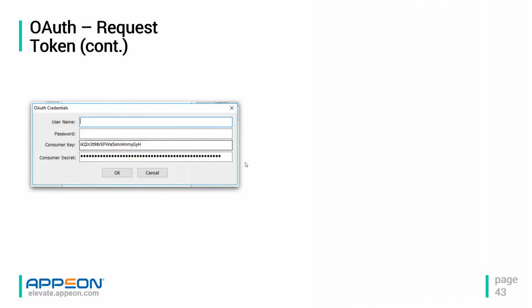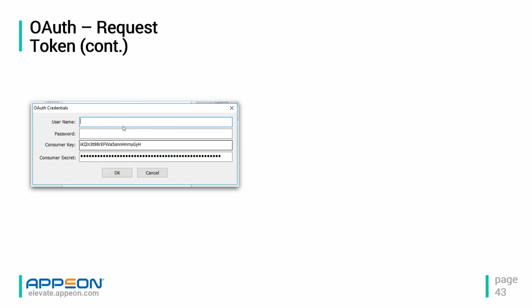So this is what it looks like when that first window pops up. That's for the client credentials. Now, client credentials can take any of 4 different values: username, password, consumer key, or consumer secret. For Twitter, we happen to be using consumer key and consumer secret, so that's what I've populated here for my sample application.